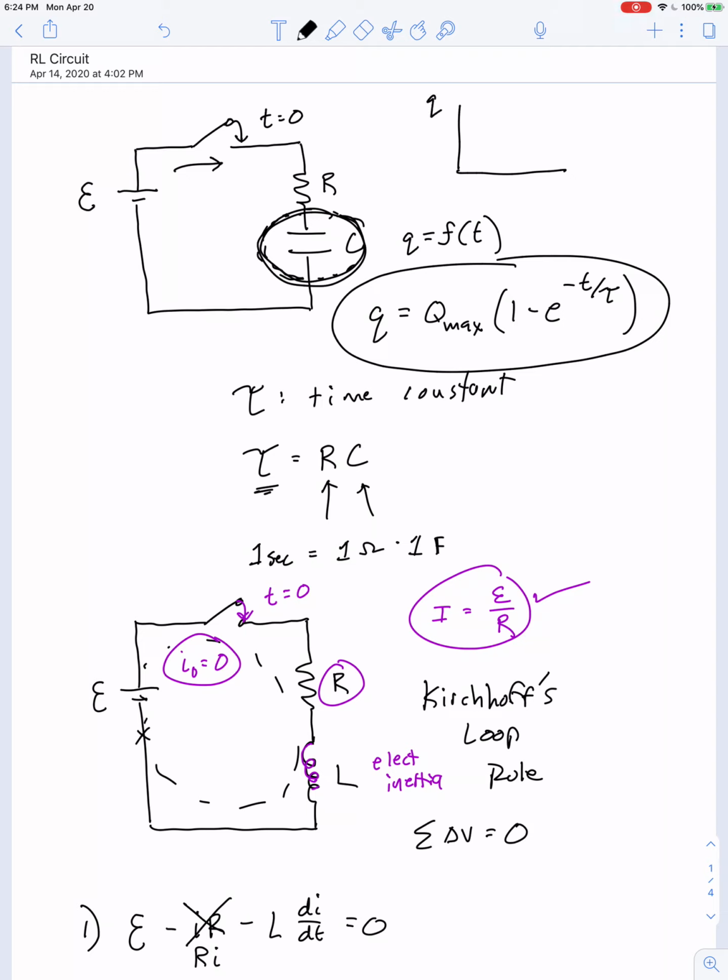And if we were to make a graph of charge versus time, an equation like this graphs out as if the charge is approaching an asymptotic maximum value. And that maximum value is just what? Capital Q, call that Q max, is equal to the battery voltage multiplied by the capacitance.